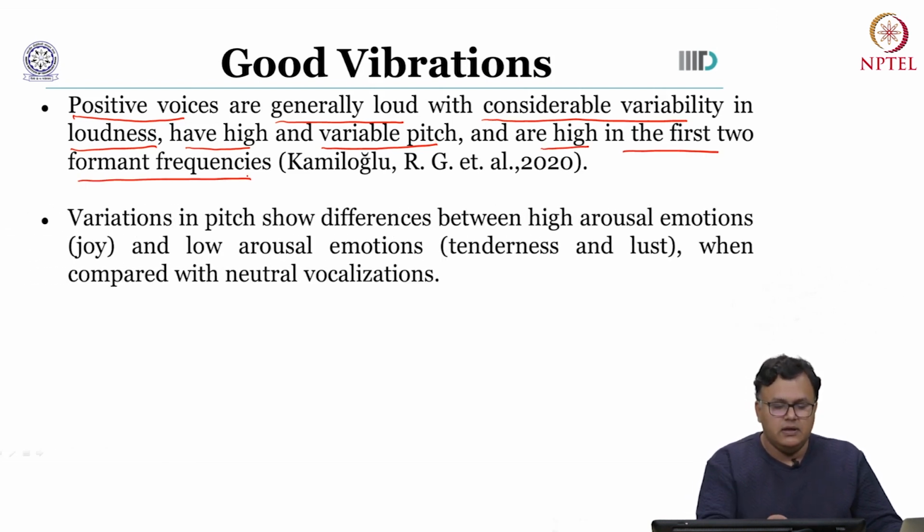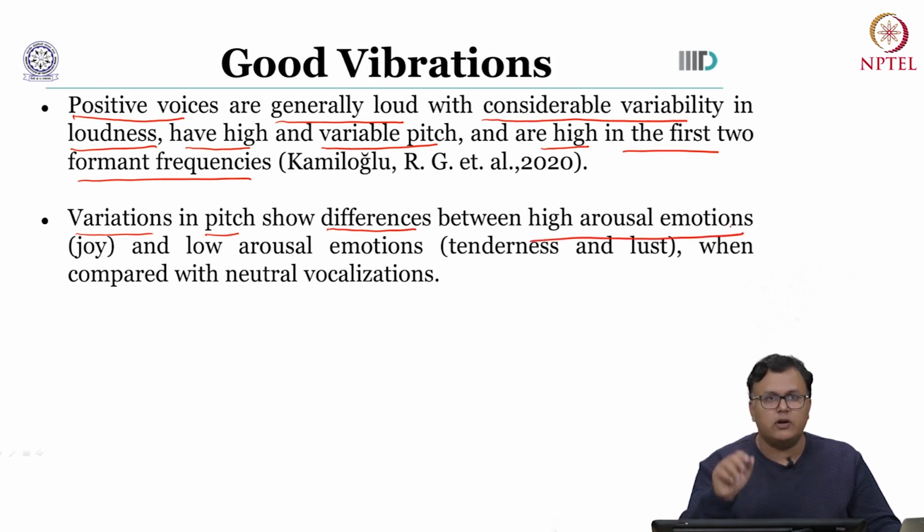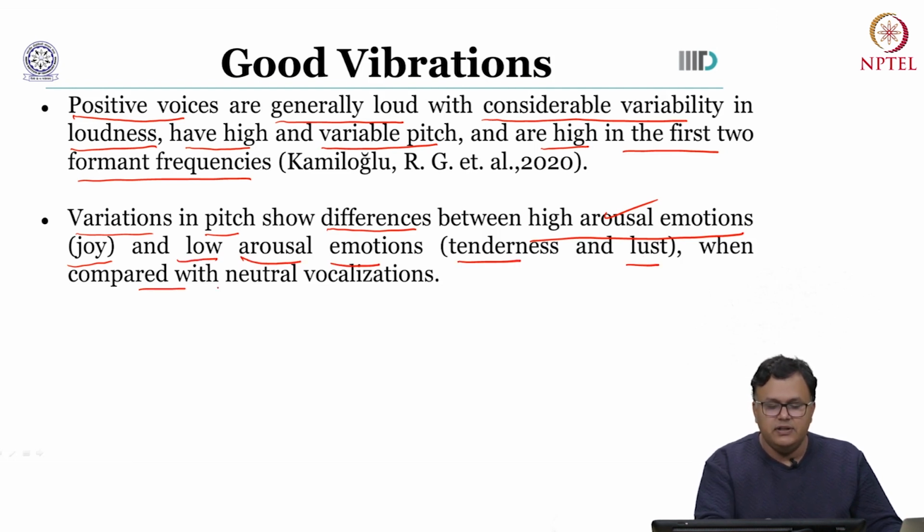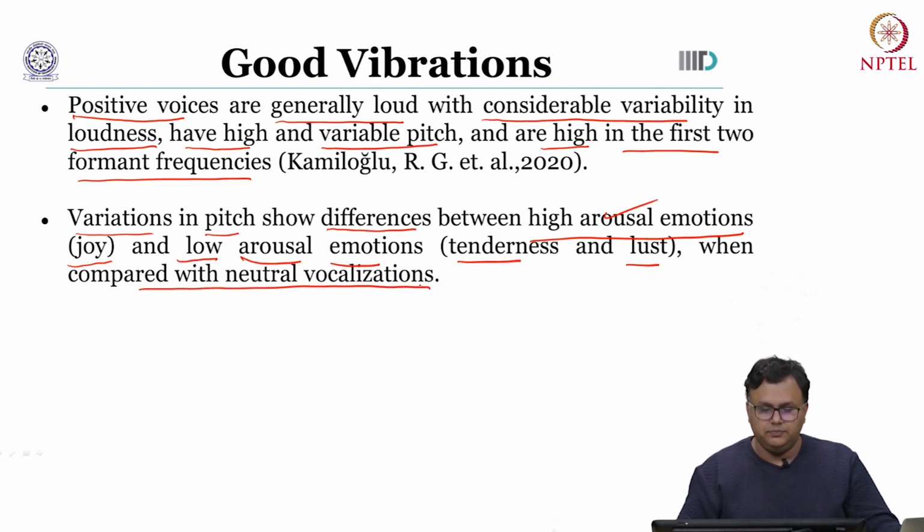Further, it is observed that the variations in the pitch tell us about the differences between high arousal emotions. So again, we are talking about the valence and arousal dimension, where high arousal emotion, for example, represents joy, and friends, low arousal emotions such as tenderness and lust are compared with neutral vocalizations. So pitch is an important feature for looking at high and low arousal emotion.